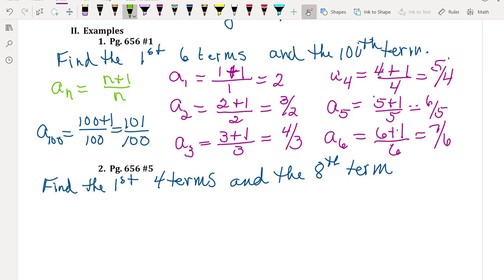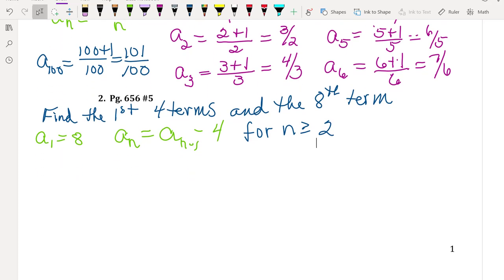So we are given that a sub 1 is 8, and we can find any term, a sub n, by taking the one before it, which is defined as a sub n minus 1, and subtracting 4. And we're also told that this is only good for n's greater than or equal to 2, which makes sense because you have to know the first term to get the previous one. Okay, so we already know a1, so we can find a2.